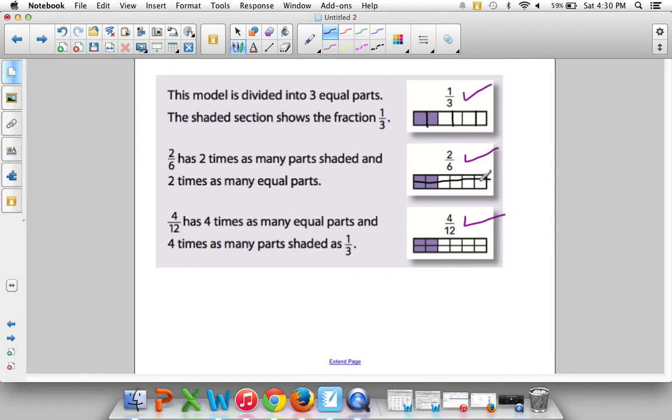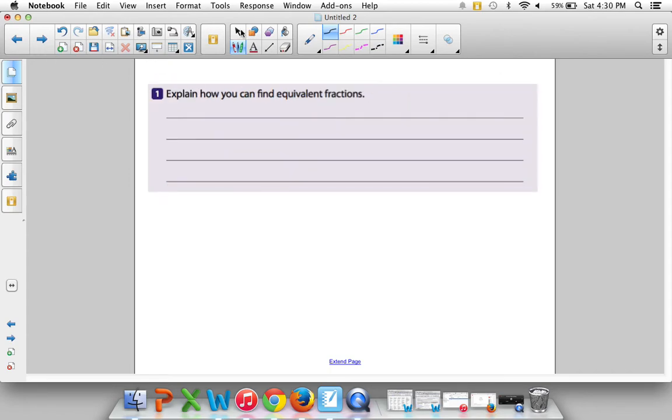And then you've got 12 pieces with 4 shaded in, 4/12. So as you can see, these three things are the same because the amount of the whole that is shaded in is still the same. The only difference is how many pieces there are, by how many lines we drew or how many ways we split it up. We're going to have an opportunity to work with that kind of stuff this week.